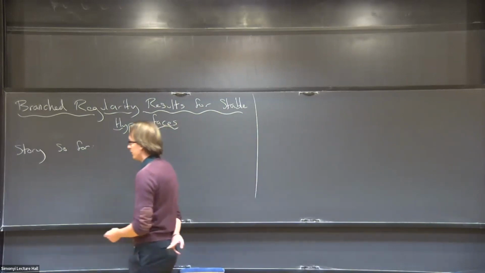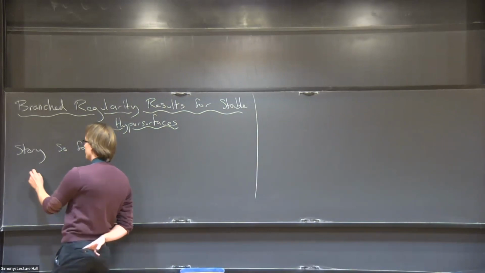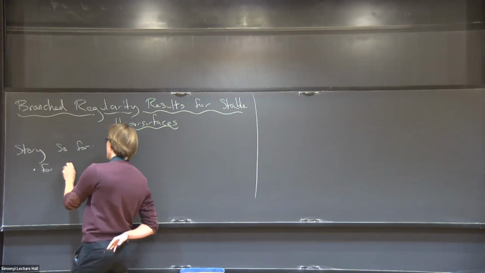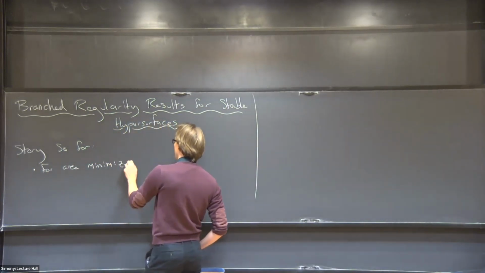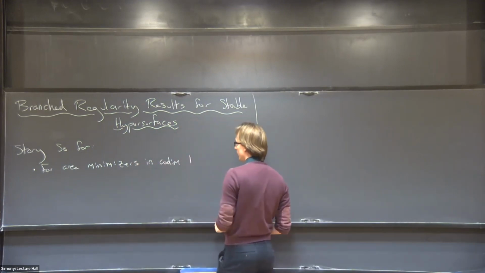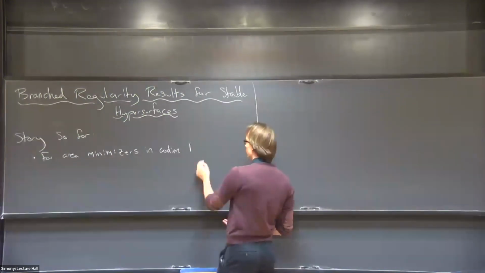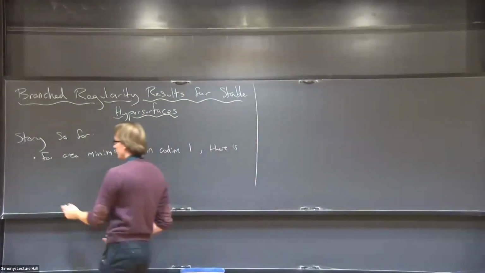So this started for codimension 1 area minimizers. For area minimizers in codimension 1, we have a very strong regularity theory.